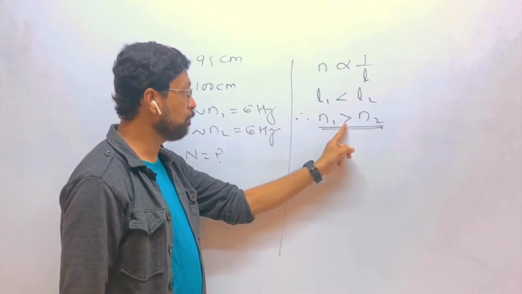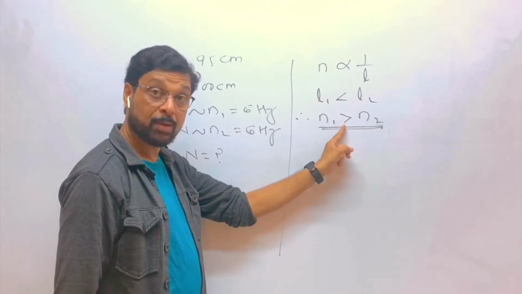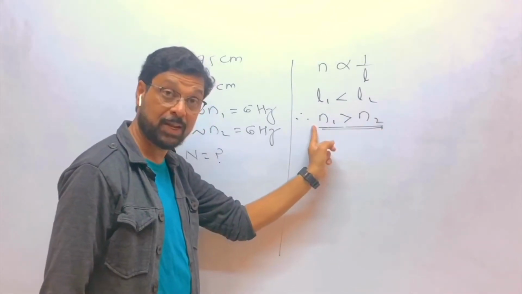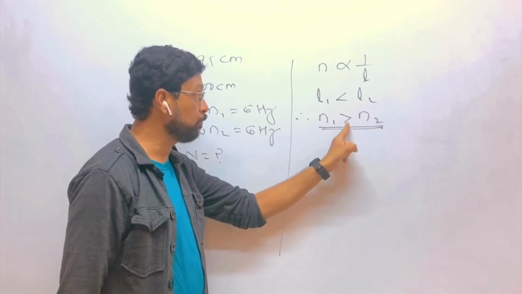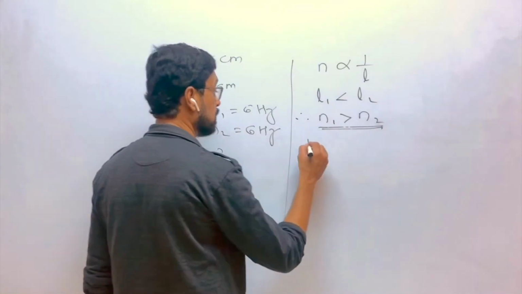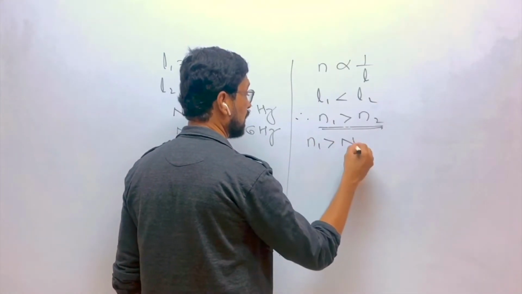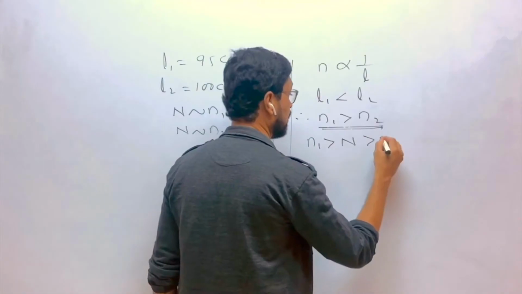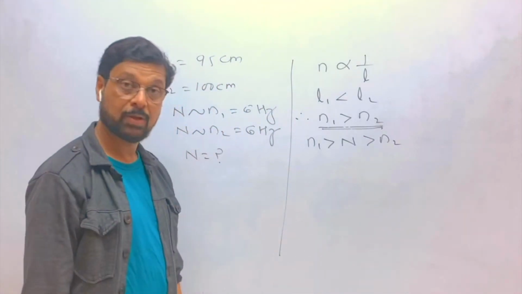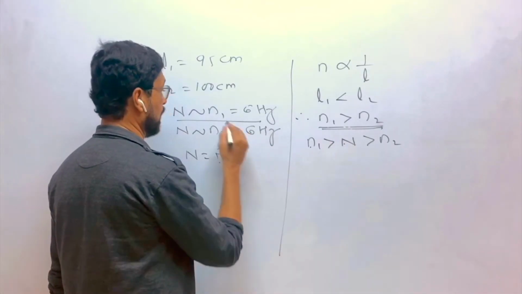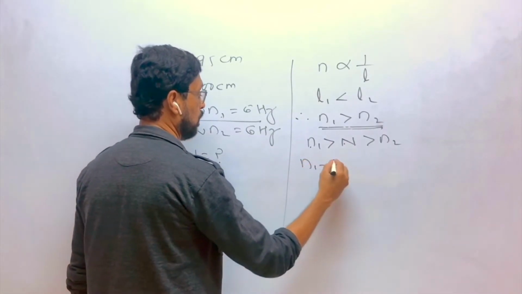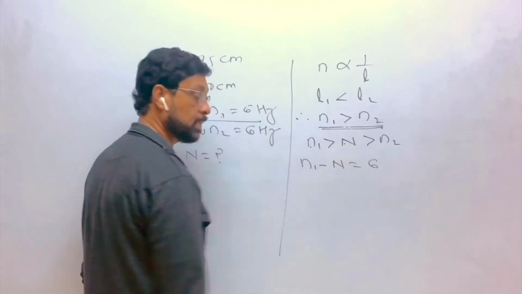तो इसका मतलब फोर्क की फ्रीक्वेंसी दोनों के बीच में रहेगी, इधर भी नहीं, इधर भी नहीं, because fork is producing 6 beats with both, means frequency of the fork is in between the two, means N1 is greater than capital N is greater than N2. So the first equation, N1 is greater than capital N, means this will be N1 minus N is equal to 6.